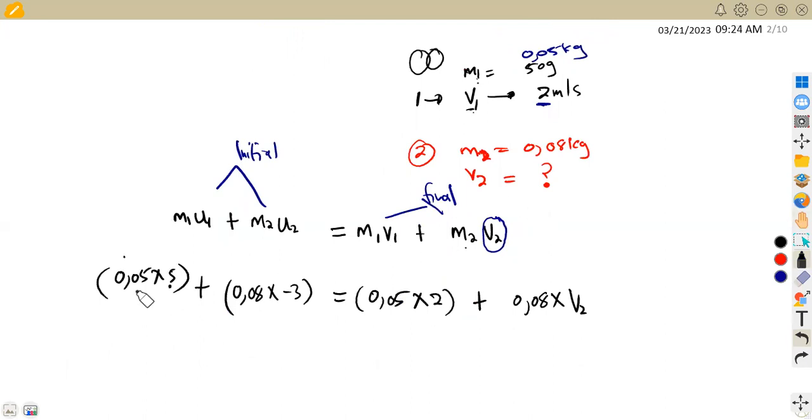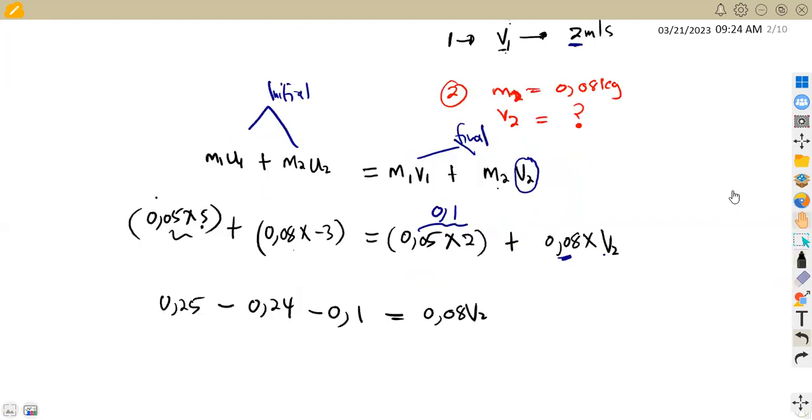If we simplify properly, that's 0.25 minus 0.24, which gives 0.1. Then we transpose to the left side: minus 0.1 is equal to 0.08 V2.